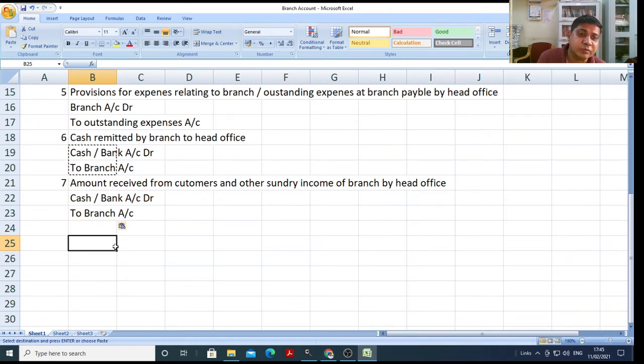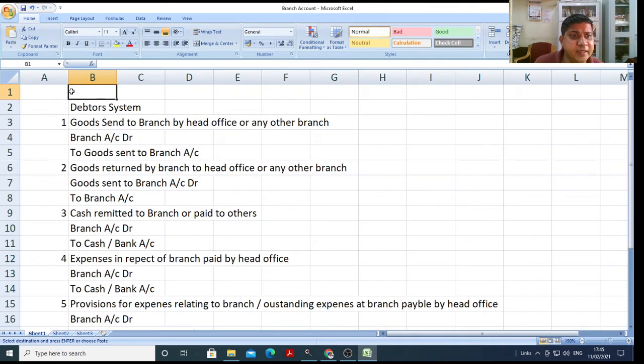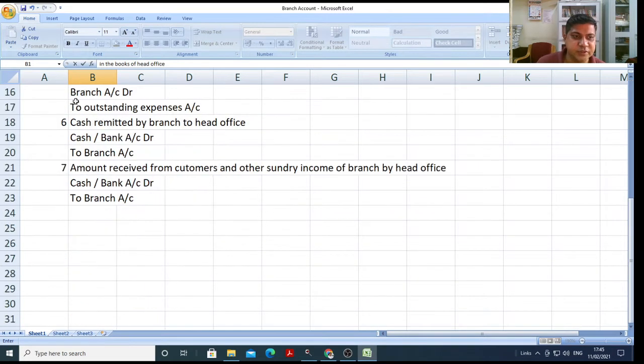Cash is received, cash comes in from the customer, so cash or bank account debit to branch account. The same applies to any income received by head office. One thing you should keep in mind: these are all entries in the books of head office.